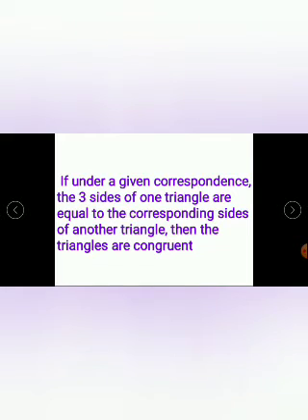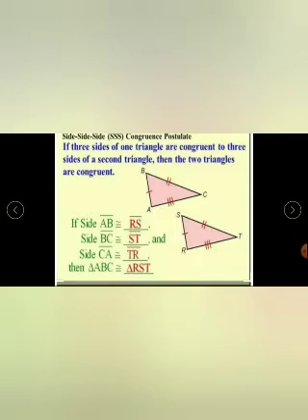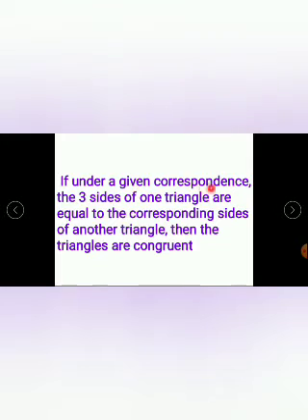So what is the SSS congruence criteria? If under a given correspondence, and what is that given correspondence? Here ABC is corresponding to RST, that is the correspondence. If under a given correspondence, the three sides of one triangle are equal to the corresponding sides of the other, we should get that corresponding sides should be equal. Then the triangles are congruent.